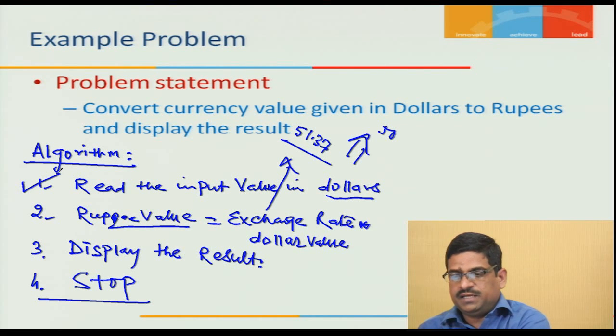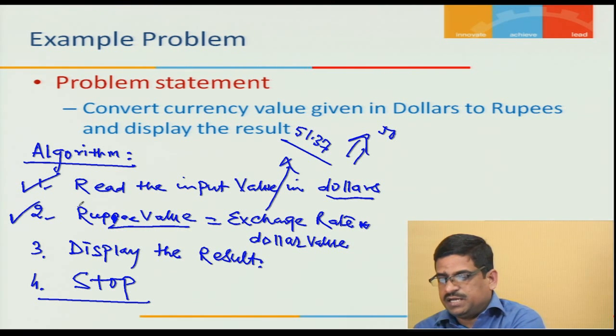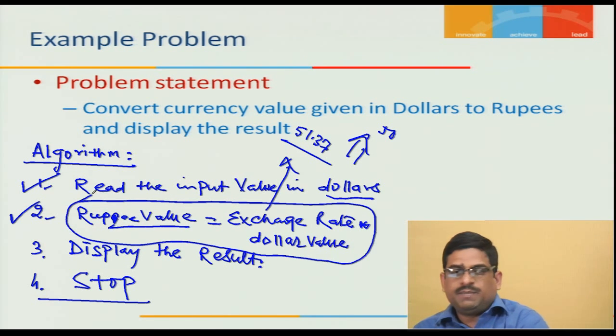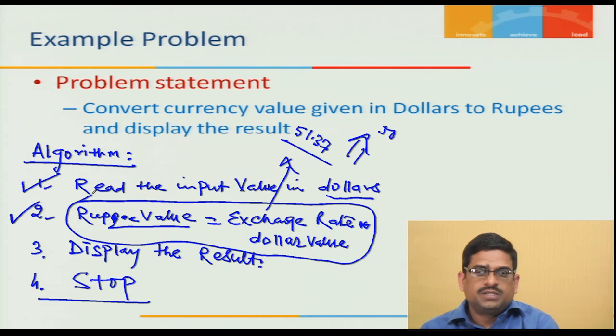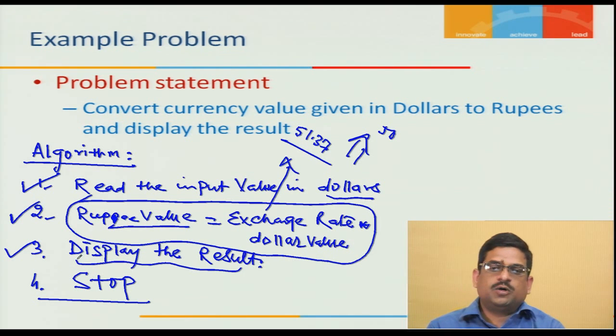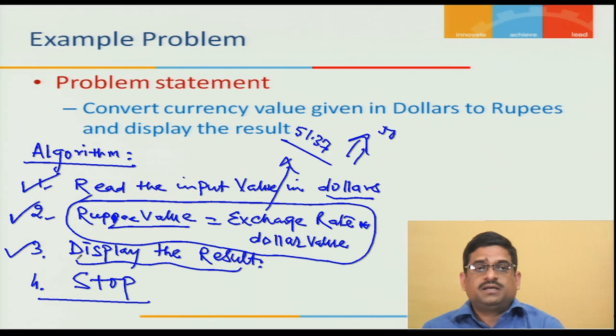One is reading, second is the calculation step, where I multiply two numbers and store the result in a third variable or memory location, and third is displaying the result. For output display I need one instruction. We will see how to write this program in the C language in the coming class.